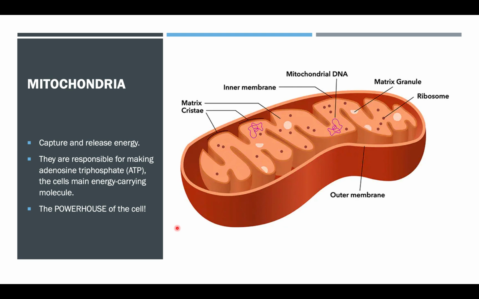So in order to make a transaction, to send something like a vesicle to the Golgi apparatus, to do anything important with those proteins like we talked about in the last slide, you have to have energy. So the mitochondria are the powerhouse. They create that energy. If you're thinking of the Golgi as the UPS and the lysosomes as the recycling center, you can think of the mitochondria as the energy center of the cell.